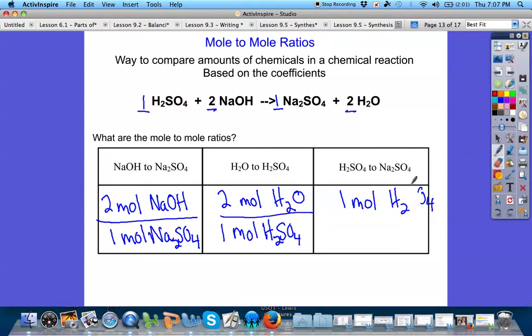That's not going to change because we're looking at the same chemical equation. And we want to compare it to sodium sulfate. Well, we said there's 1 mole of sodium sulfate. That's still going to be the same. The only thing that has changed is the moles that I'm comparing. Now I'm comparing sulfuric acid to sodium sulfate instead of sulfuric acid to water or sodium sulfate to sodium hydroxide.